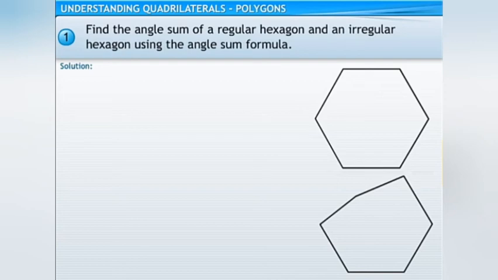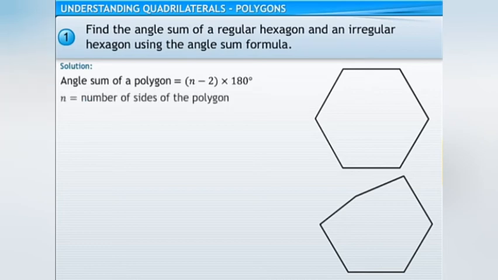Therefore, the angle sum of a regular hexagon or an irregular hexagon is the same. The angle sum of a polygon is given by the formula (n-2) multiplied by 180 degrees, where n stands for the number of sides of the polygon.